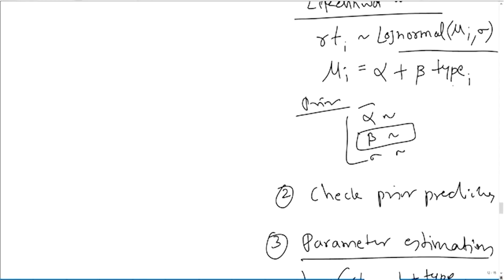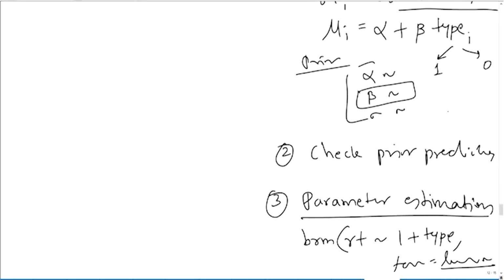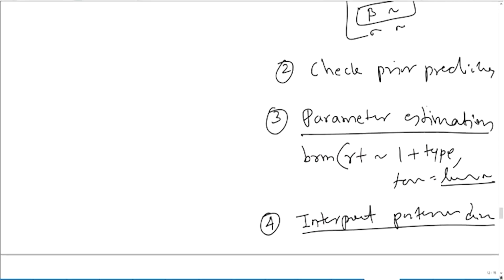So if type is such that you are encoding words as 1 and non-words as 0, that means, this is what your hypothesis predicts, beta should be less than 0. And let's say you get a posterior distribution such that the 95% credible interval for beta is minus 40 to minus 10, then you can say that data supports your predictions. Okay.